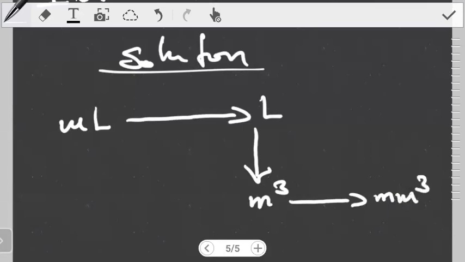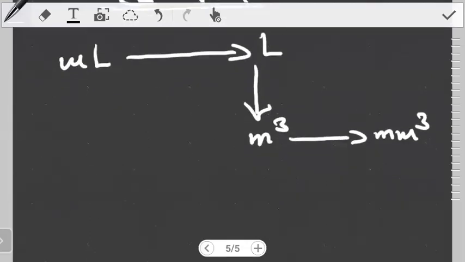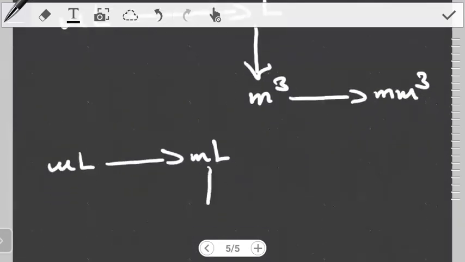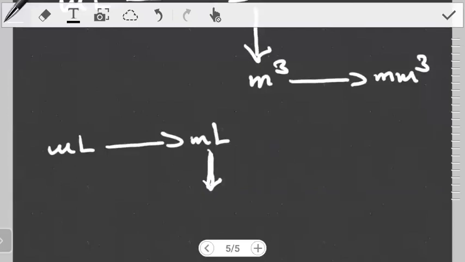So apart from this route, you can also move from microliter to milliliter. Then from milliliter, you know that the milliliter and the centimeter cubic are 1-to-1. So whatever you find as your milliliter will be the same in centimeter cubic.